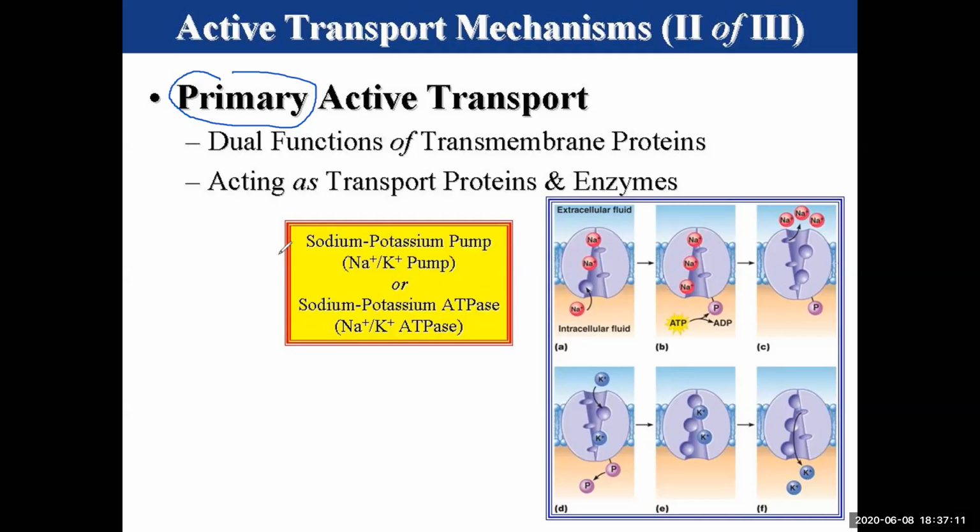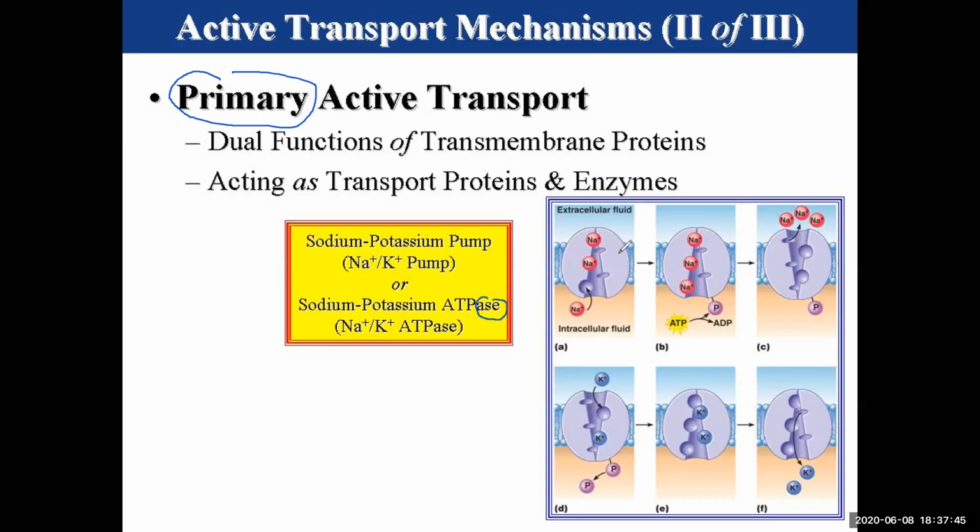This is not only a transmembrane protein, this is not only a pump, but it is also an enzyme, meaning it has enzymatic activity. That's why it says ATPase. ASE here stands for an enzyme, and ATPase means this transmembrane protein can hydrolyze ATP, can break down one covalent bond in the ATP molecule to produce ADP and energy.